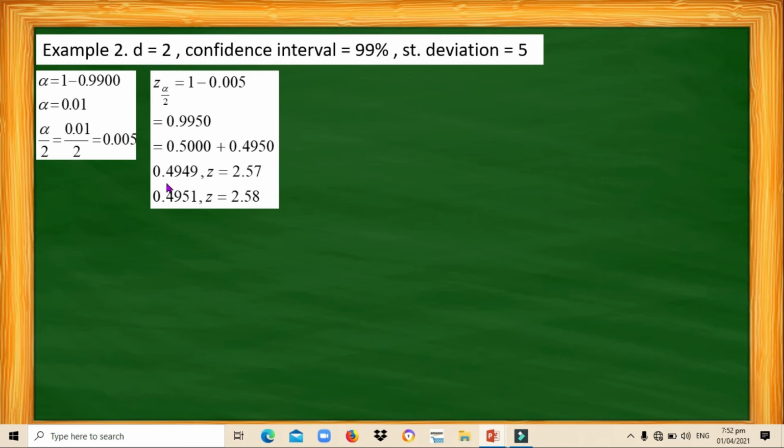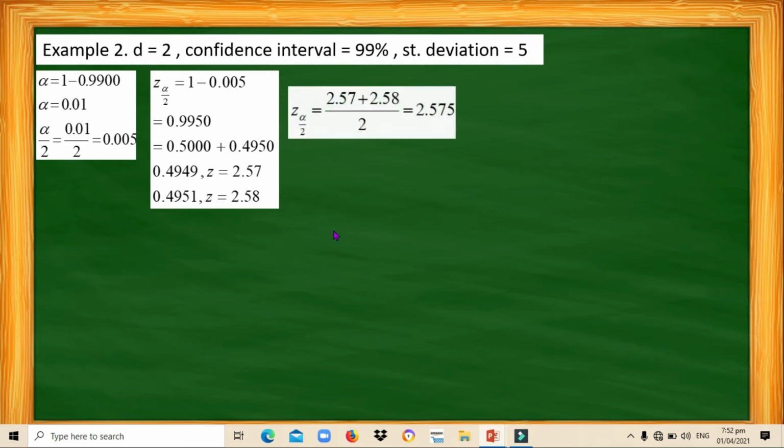That is 0.4949, and the z-score of this probability is 2.57, and another one is 0.4951, and the z-score of this probability is 2.58.